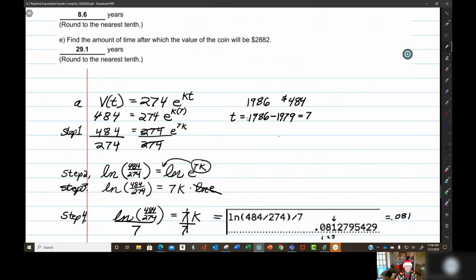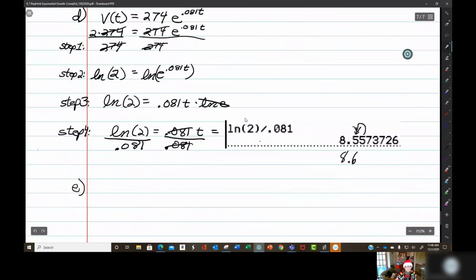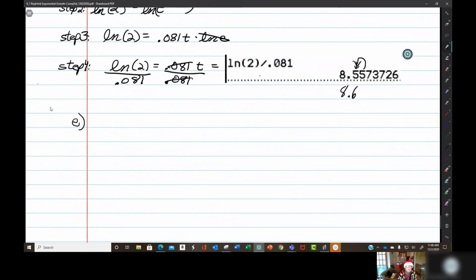Okay, so 2882. V of t equals 274 times e to the 0.081 t. And how many years is it going to take for the value after time, v of t, to be 2882?